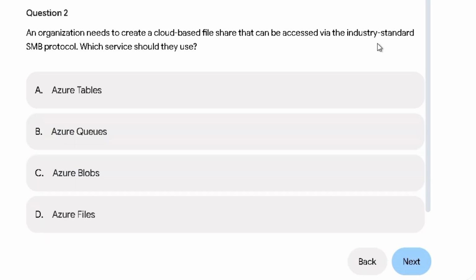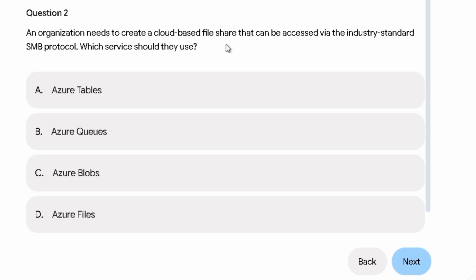Question number 2. An organization needs to create a cloud-based file share that can be accessed via the industry standard Server Message Block protocol. Which service should they use? Remember, guys, if I'm talking about Server Message Block, or also another protocol called NFS, Network File System, I'm usually referring to files.